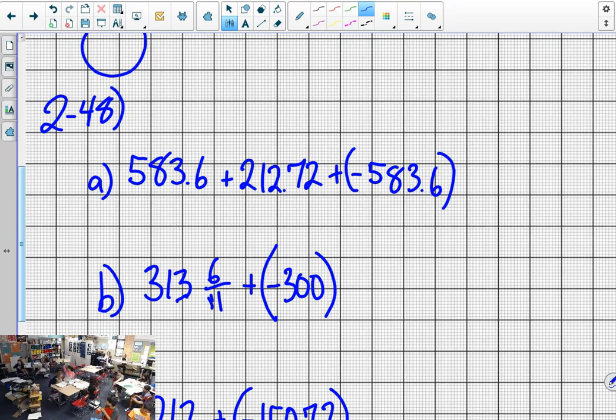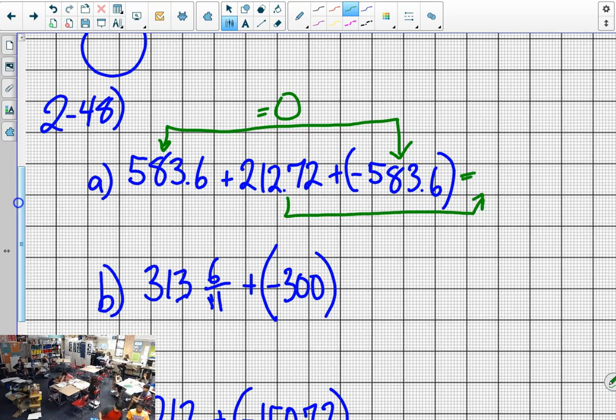Alex, go ahead. So what you can do to make this easier, just take the negative 582.6 and do that with the positive 583.6. Then you just get 0. And since it's 0, then you only have one number left. And remember, you hear somebody say, why don't you pick on someone your own size?